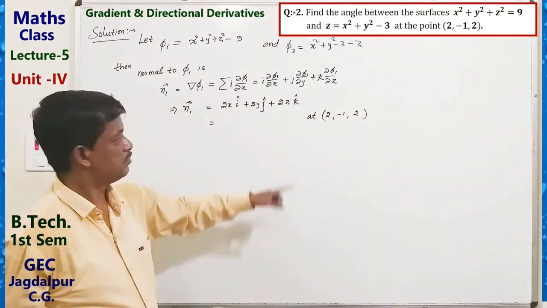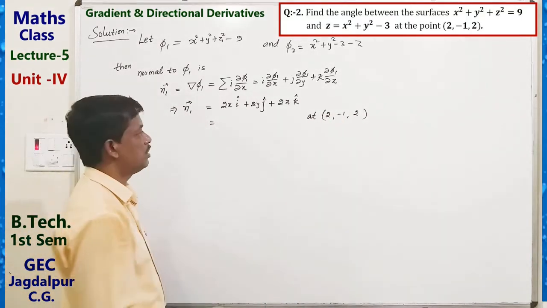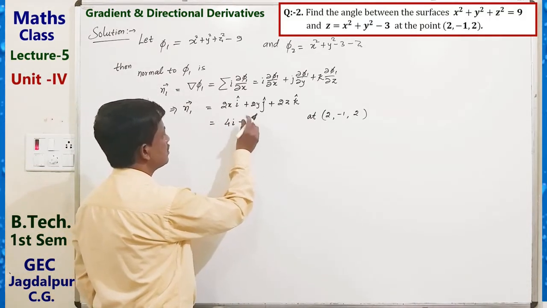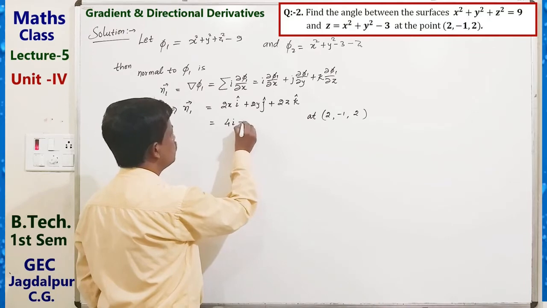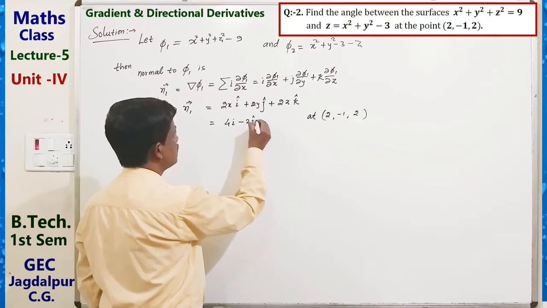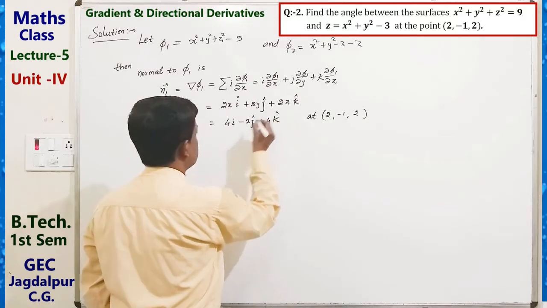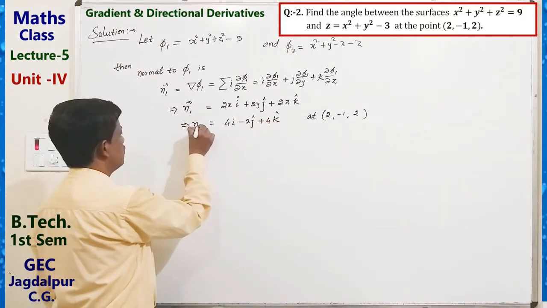So at (2, -1, 2), in place of x, y, z, just find the values: 4i minus 2j plus 4k. This is n1.